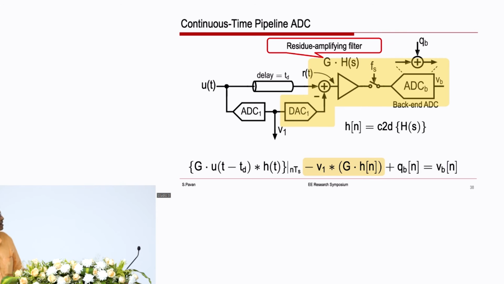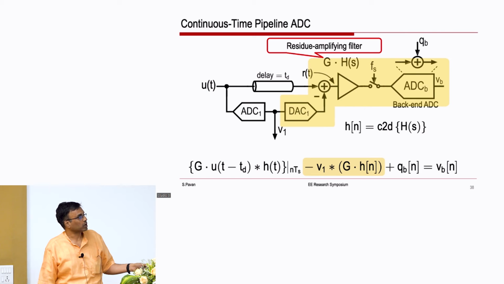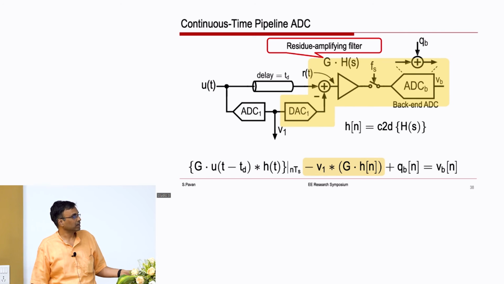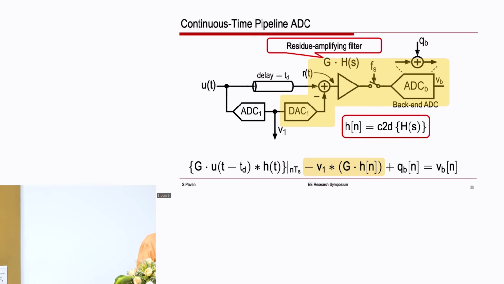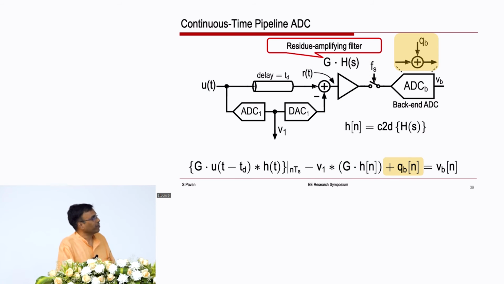Okay. So, the bottom line is that you can always relate the contribution of V1 to the output through a digital filter, which I call H of n. And finally, this is the quantization noise of the back-end ADC, which is this.